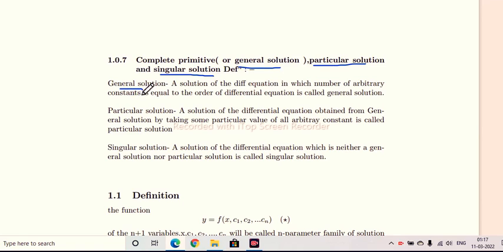General solution: a solution of the differential equation in which the number of arbitrary constants c1, c2, up to cn, arbitrary constants we take here, is equal to the order of the differential equation is called a general solution.